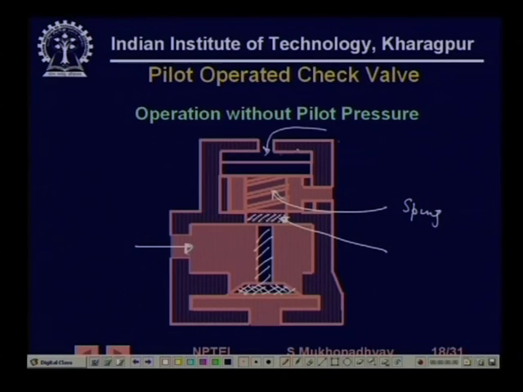This is my pilot port and this is a drain port. In these valves, remember that suppose a pump is trying to deliver fluid through a load and the load is moving. Now, suppose suddenly the load gets mechanically jammed, then what is going to happen? The pump is trying to drive fluid and the load is not moving.